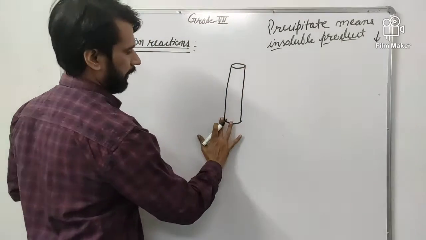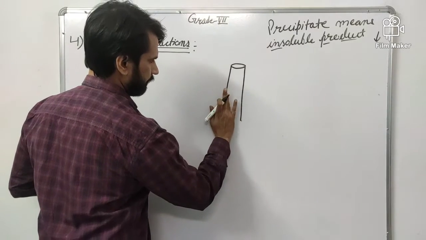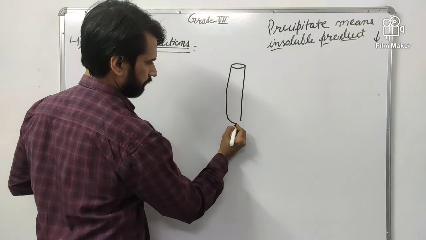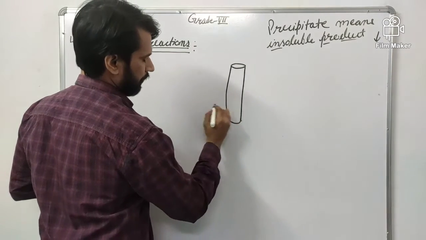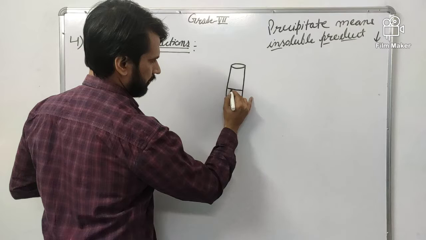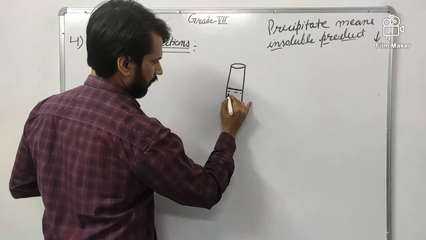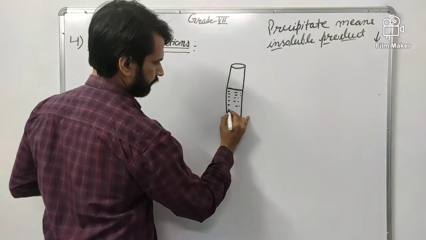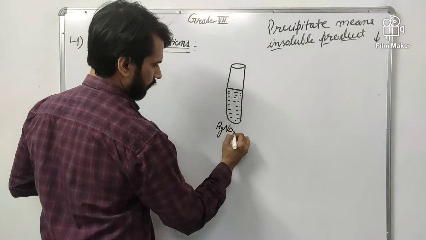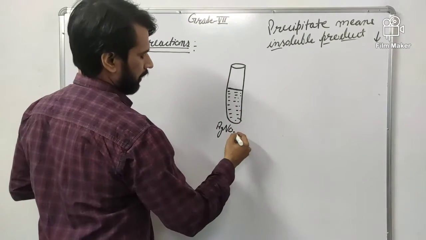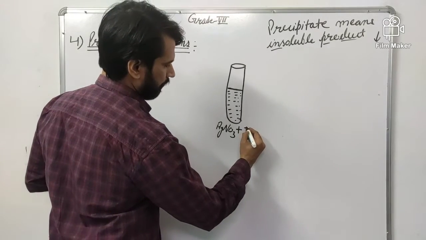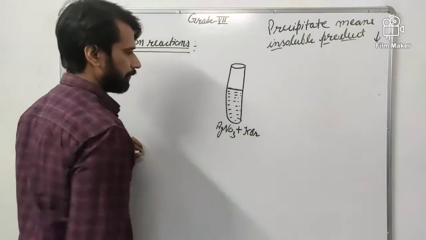In this test tube you add some solution of silver nitrate, AgNO3, and you also add another reactant solution, that is potassium bromide, KBr.